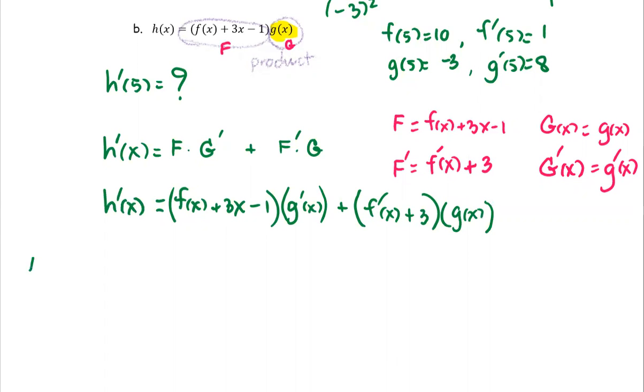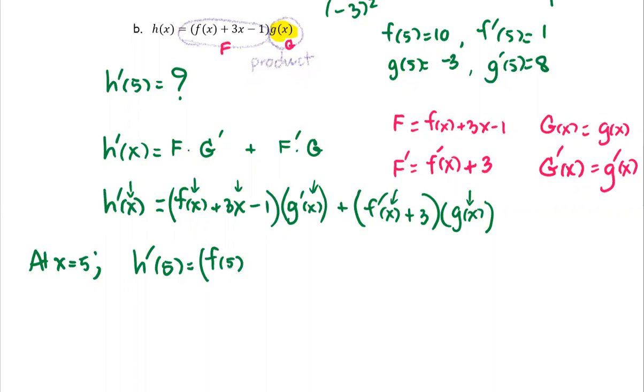But now I'm gonna look at the derivative when x equals 5. That means when we compute h prime at 5, wherever you see x, you're gonna replace it with the 5. 5, 5, 5 here. Okay. Right now we still just use the placeholder, not the given set of values yet.